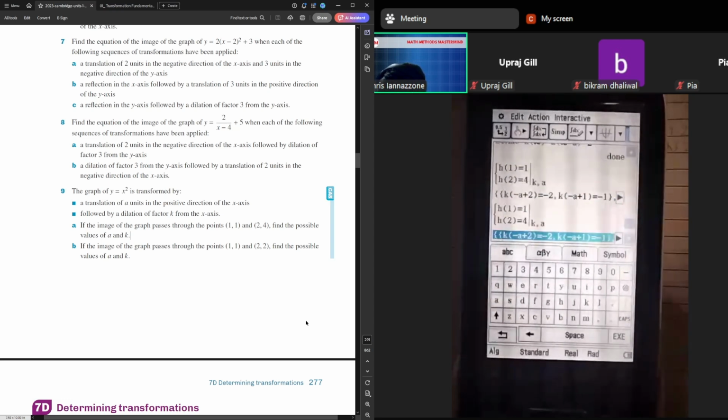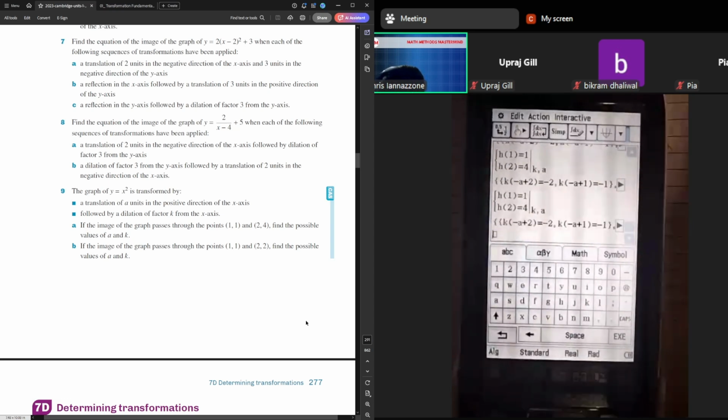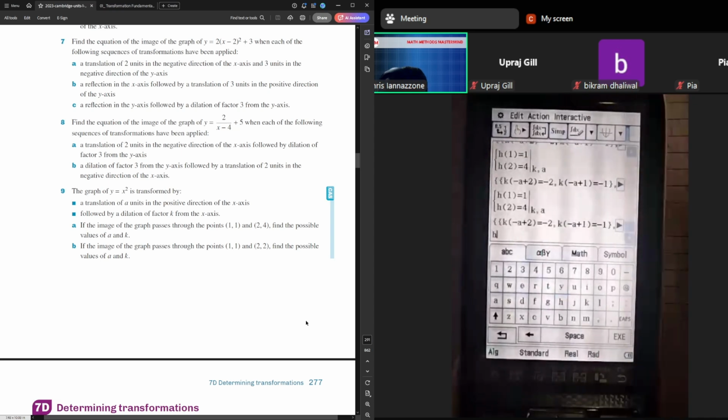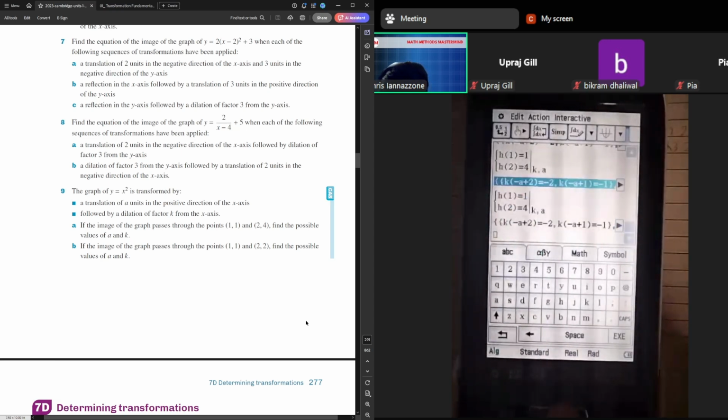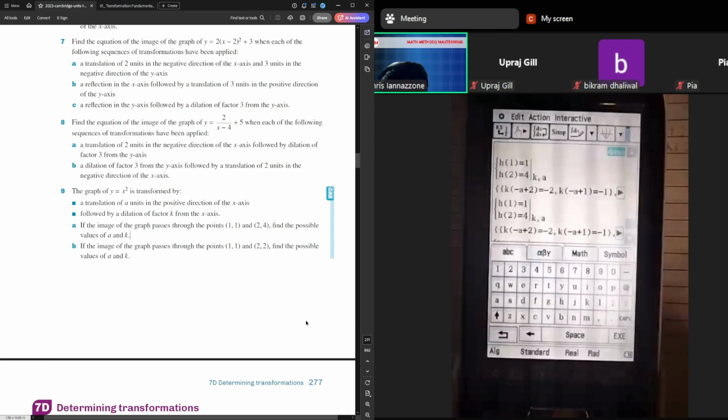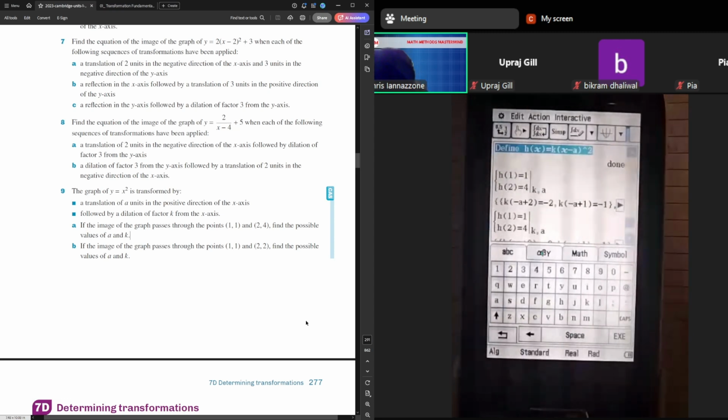Okay. Is h of x defined weirdly? Let's find out. Looks like it. Usually I should be able to print that. Why is it doing that?